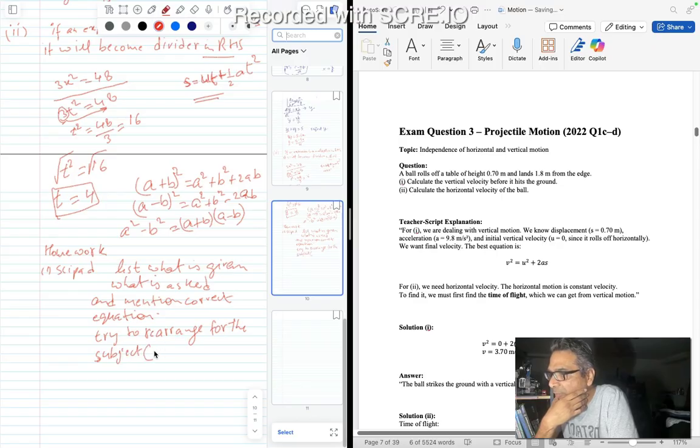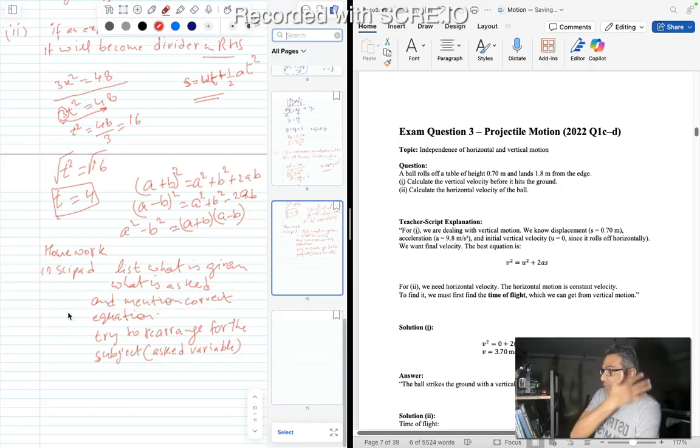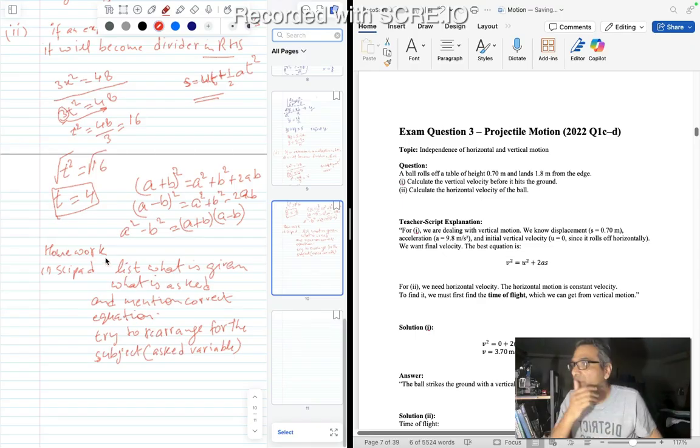In this case, what will be the subject? The asked variable. Cool. So this was going to be your homework. As much as you can do, you can do it, right?